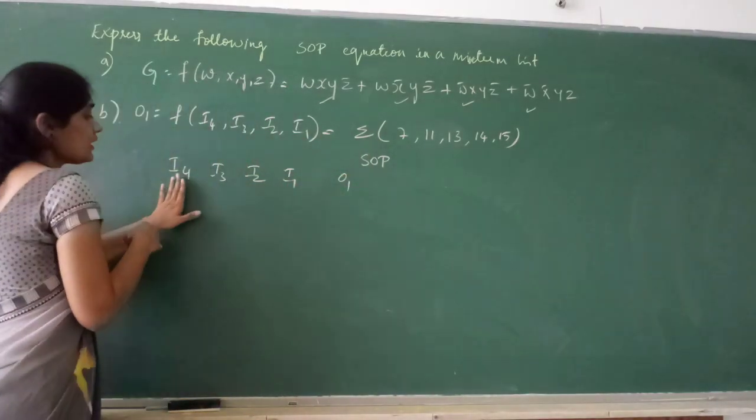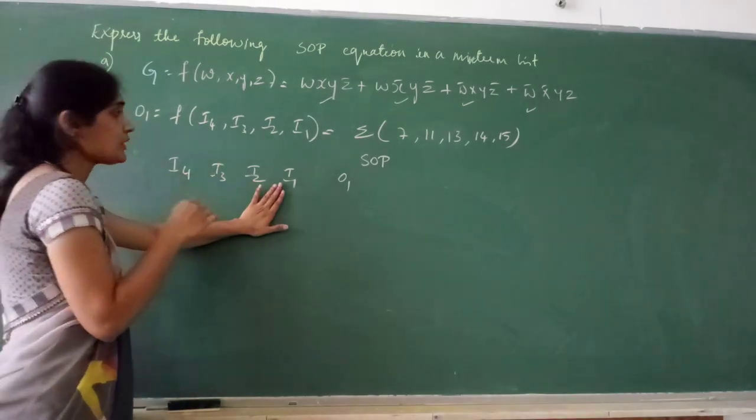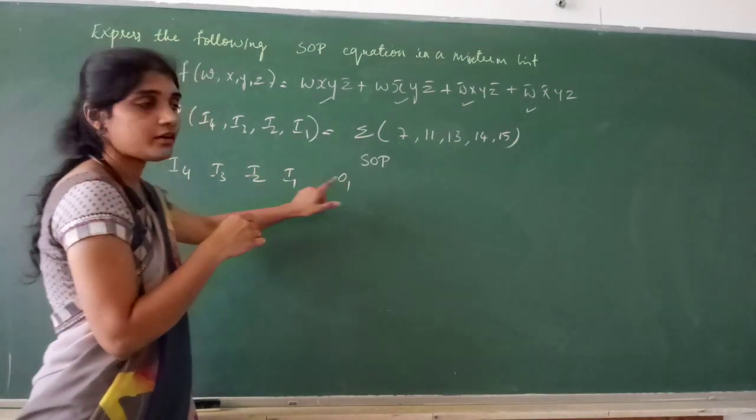So now, I4, I3, I2, I1 are the input variables. O1 is the output variable, right?